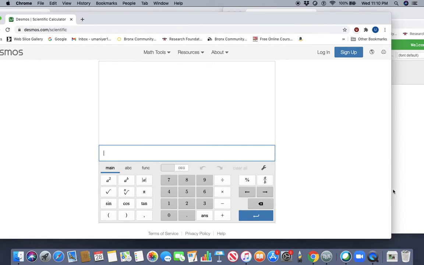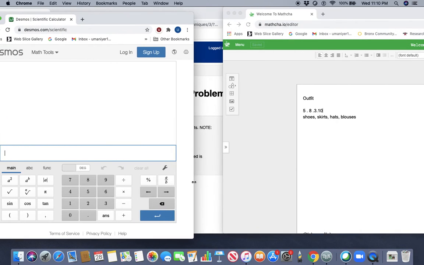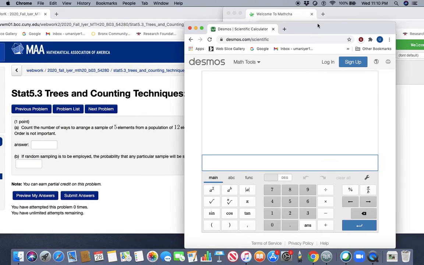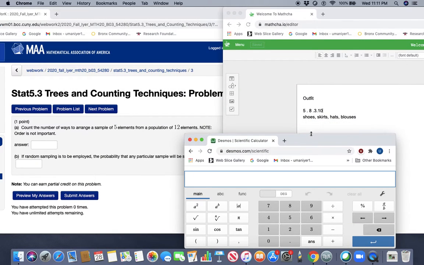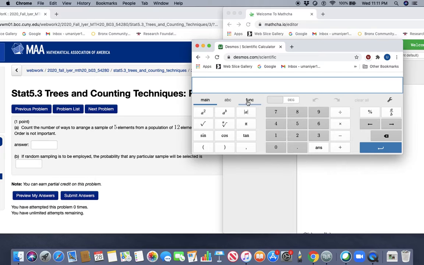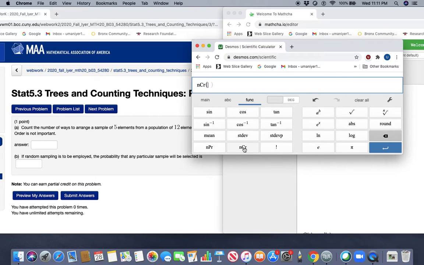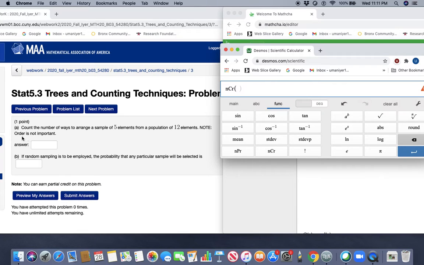In this calculator, you're looking for combinations in the functions. Why did I choose combinations? Because order is not important. So from 12, I want to choose 5.